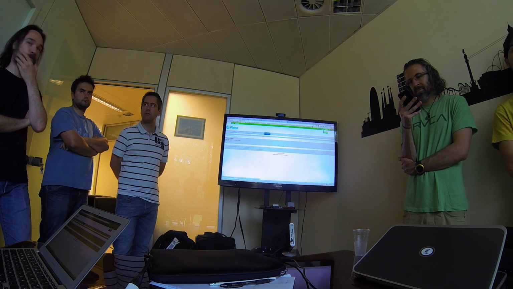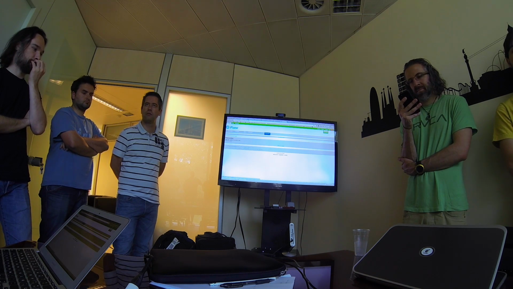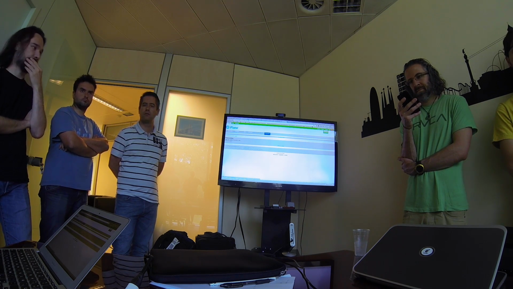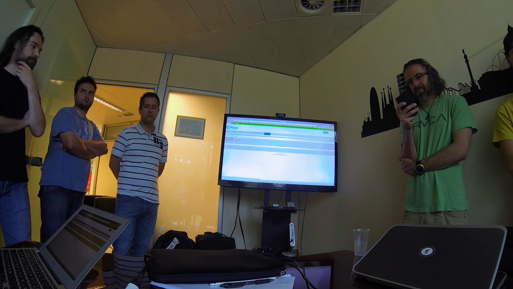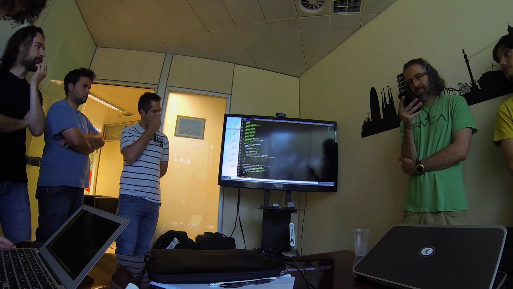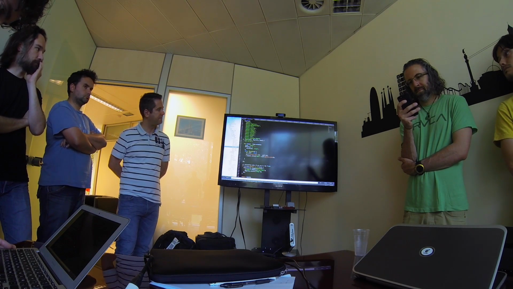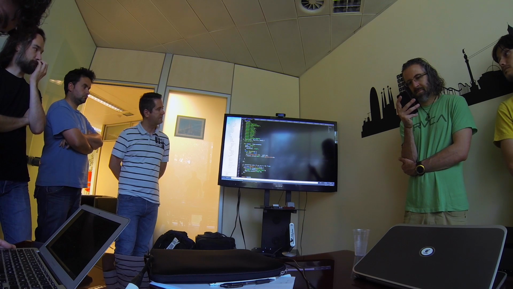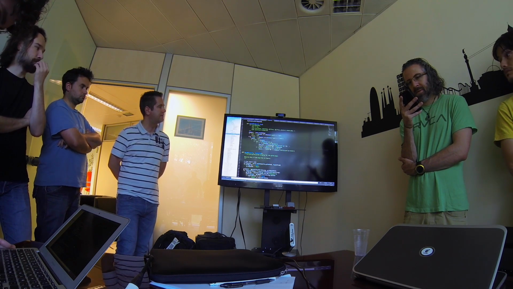So then let's switch to the more technical integrator point of view of what we did, and I will start with some things that I was willing to do since a long time. One is the grid system transform.